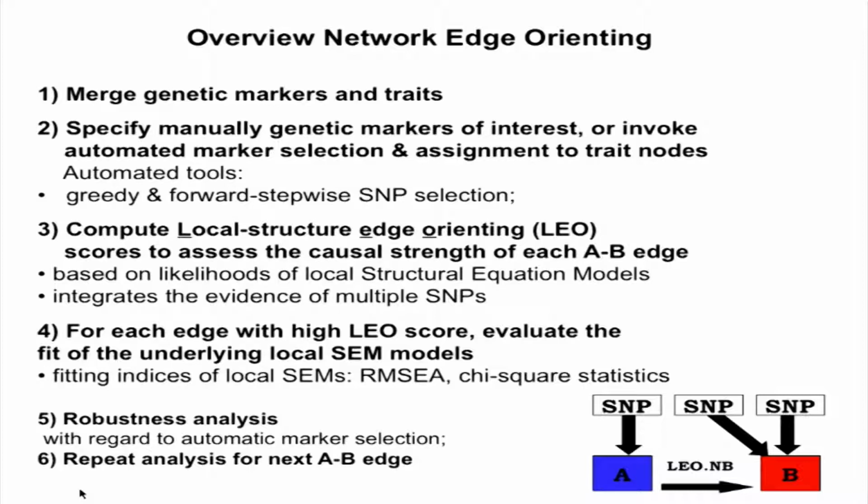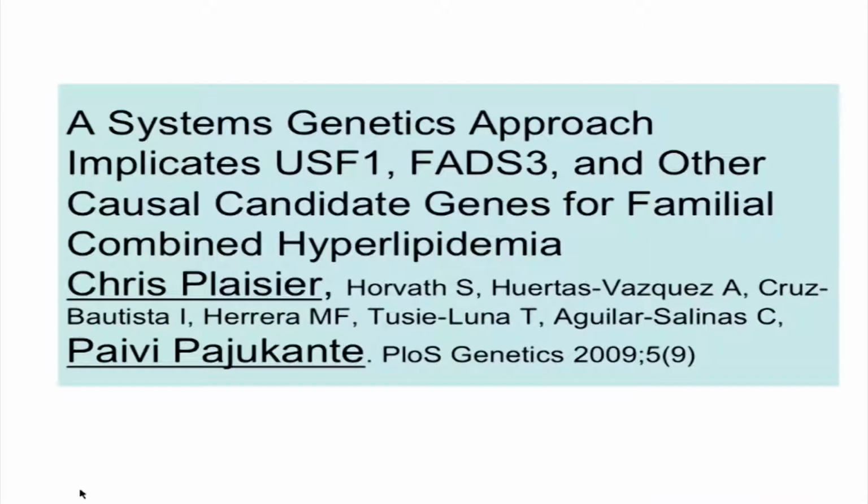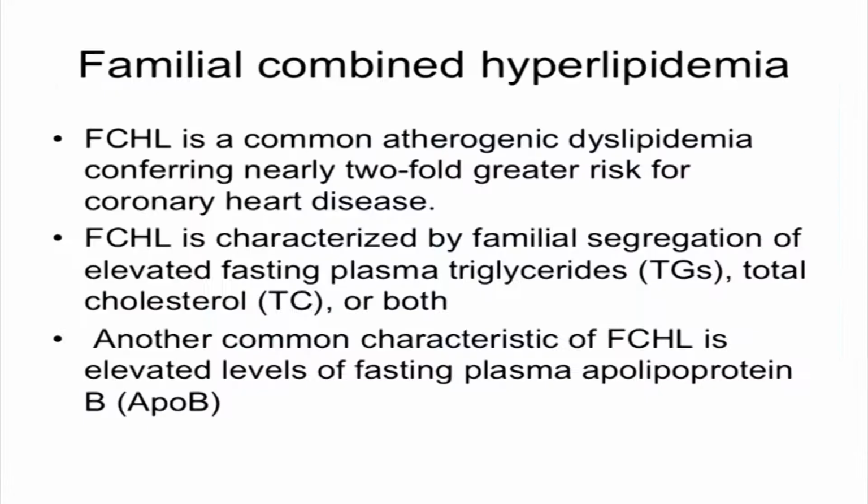Let me come back to this application that I mentioned earlier about hyperlipidemia. Familial combined hyperlipidemia is an atherogenic dyslipidemia, characterized by elevated fasting plasma triglycerides, total cholesterol, ApoB, and so on.